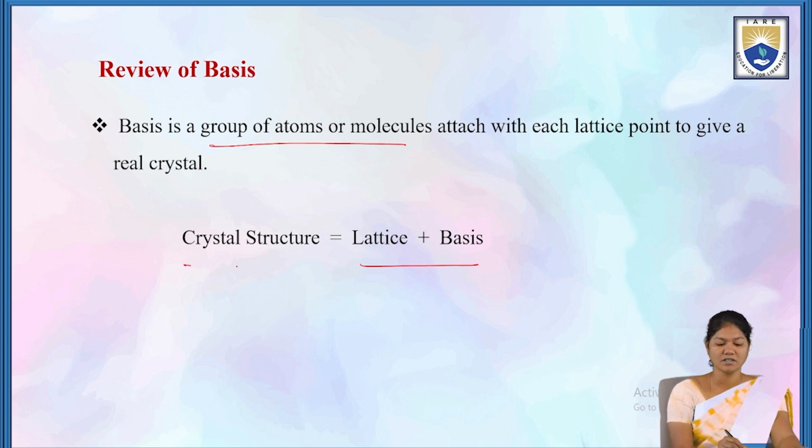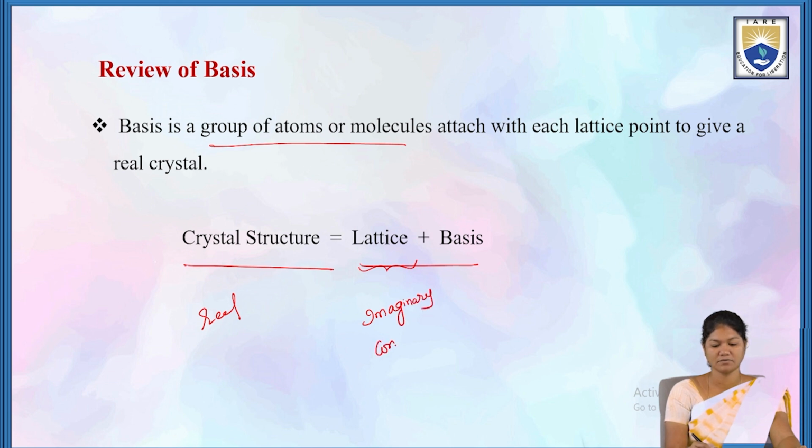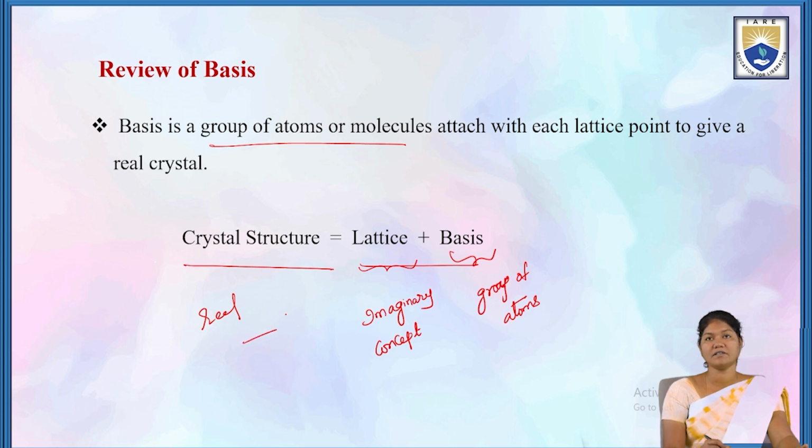Here the crystal structure is a real one and this lattice is an imaginary concept. This basis is a group of atoms. By combining these two, we get the real structure, that is a complete crystal.